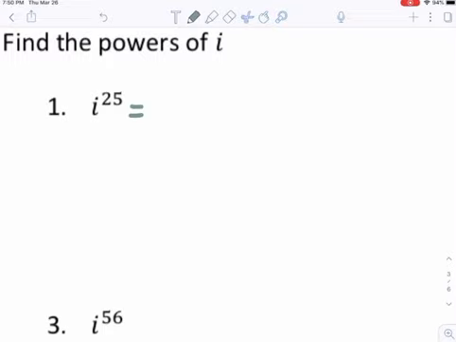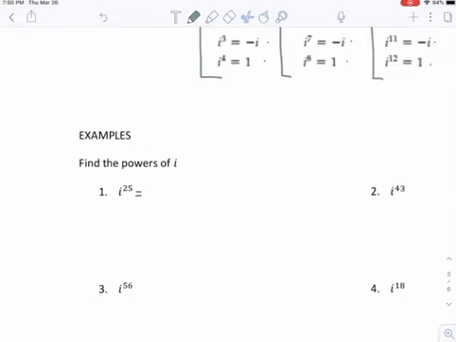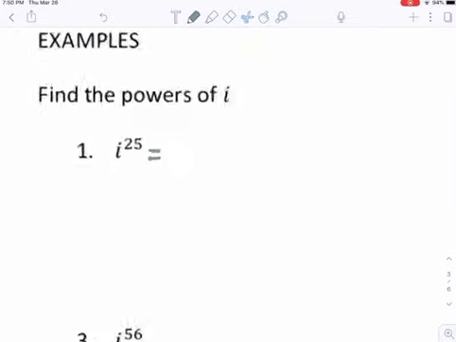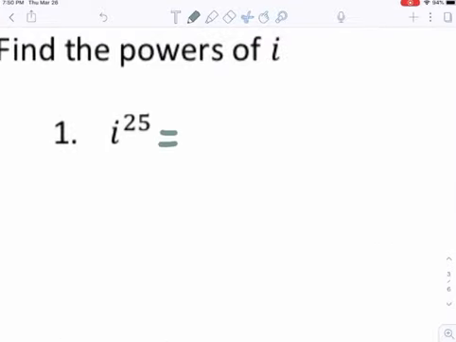The reason is that I want to create some form of i to the fourth power, because I know i to the fourth power is equal to 1, and that's going to make my job a lot easier. The biggest number that's divisible by 4 under 25 is 24.